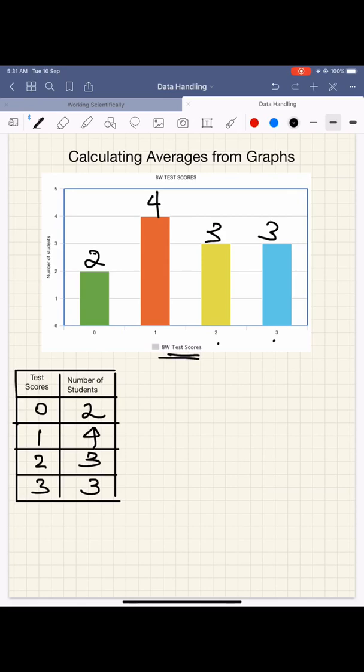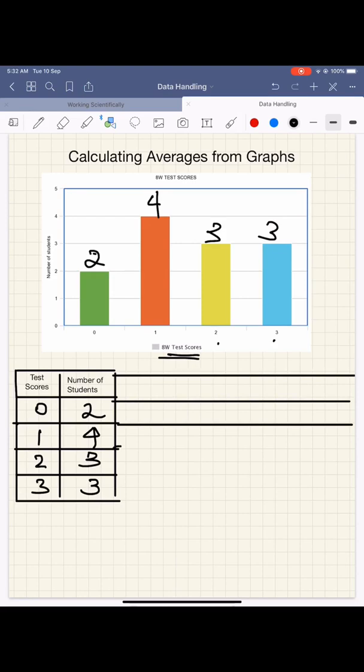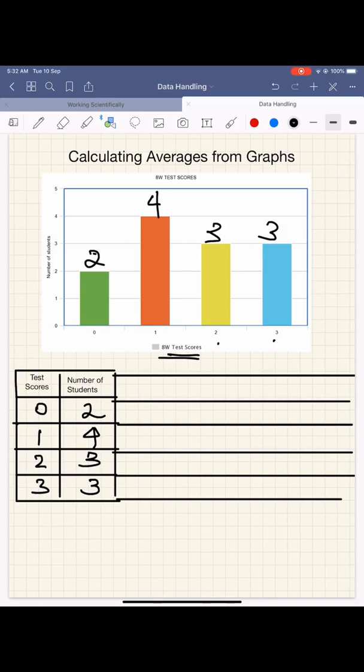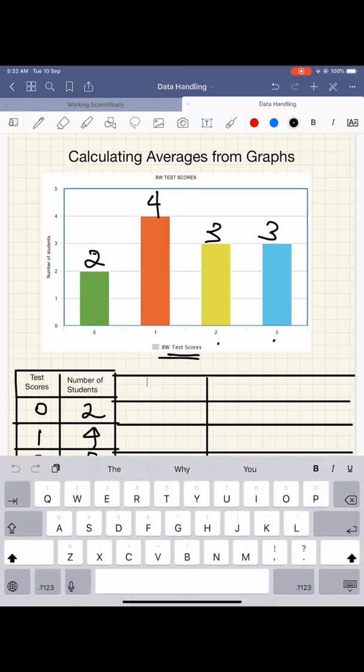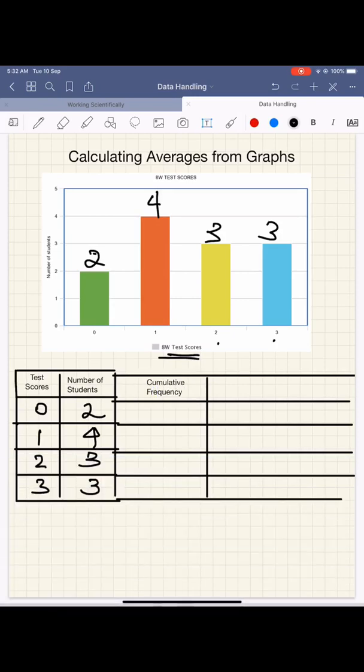So, what is the next step? From our previous video, you know that we need to extend our table a little bit more. Why do we need to do that? Because we need to calculate other things, such as cumulative frequency.